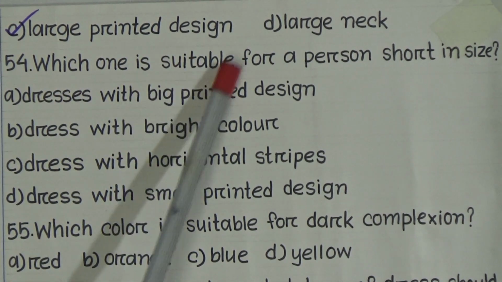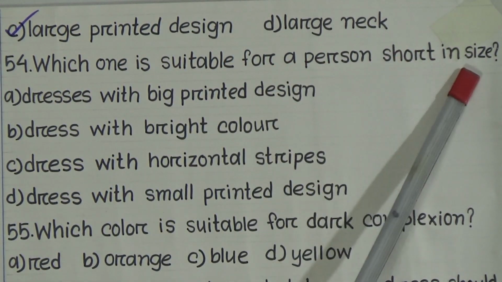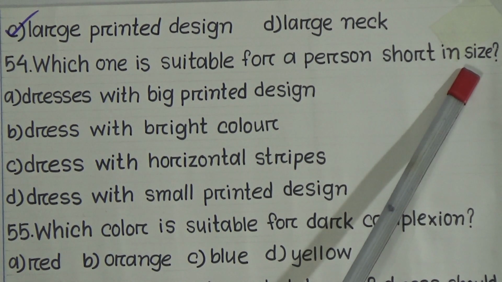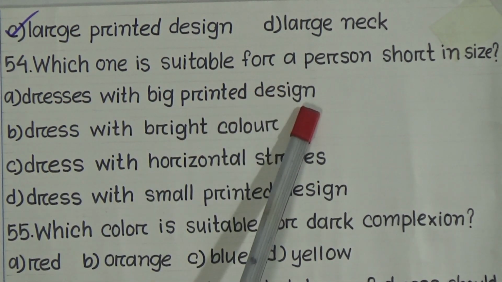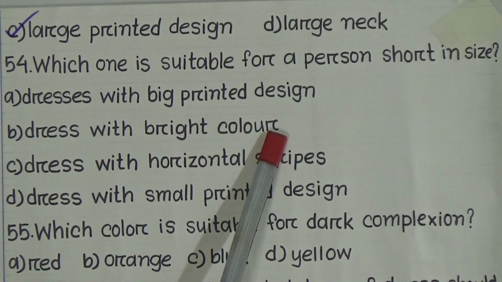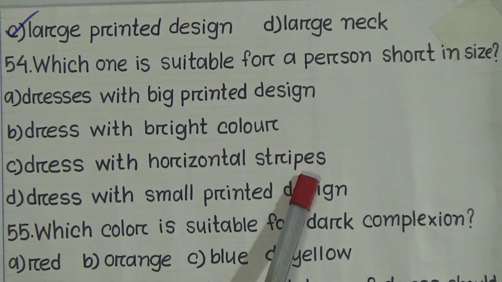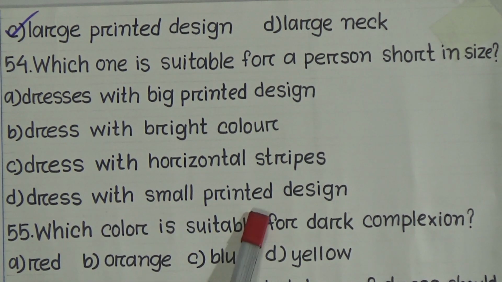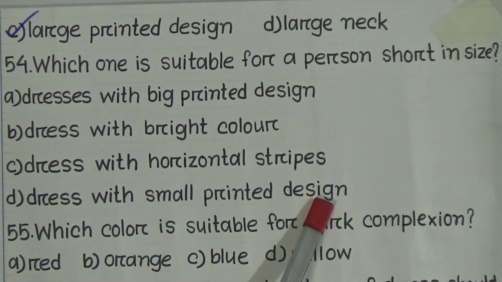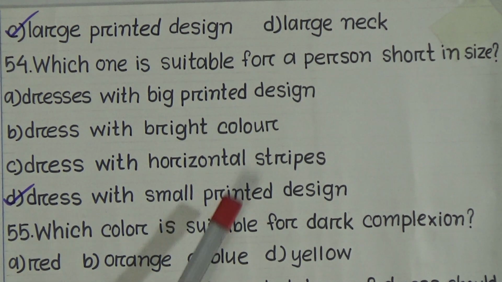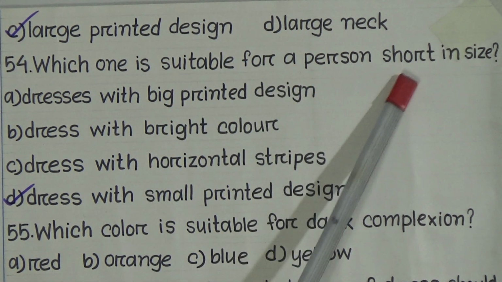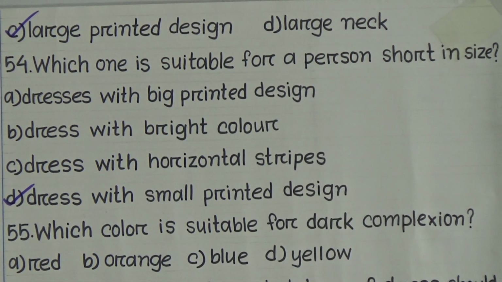Which one is suitable for a person short in size? Given options are dresses with big printed design, dress with bright color, dress with horizontal stripes, dress with small printed design. Can you guess which one will be correct here? The last one, that means option D, dress with small printed design, is suitable for a person short in size.